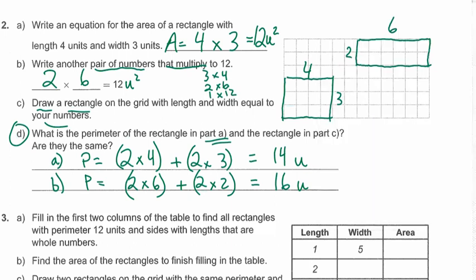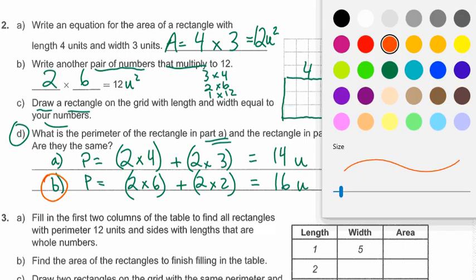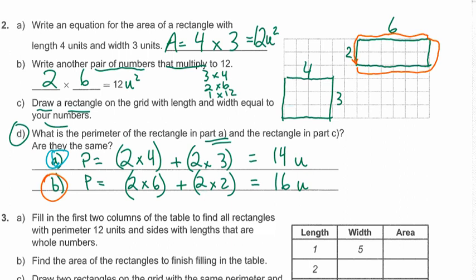So if I say B is orange, it's farther for us to go if we walked around this whole rectangle. That's a larger distance than if I walked around A. I'm going to do this blue color. If I walked around this rectangle, right? So the blue line is shorter by 2 units than the orange line.